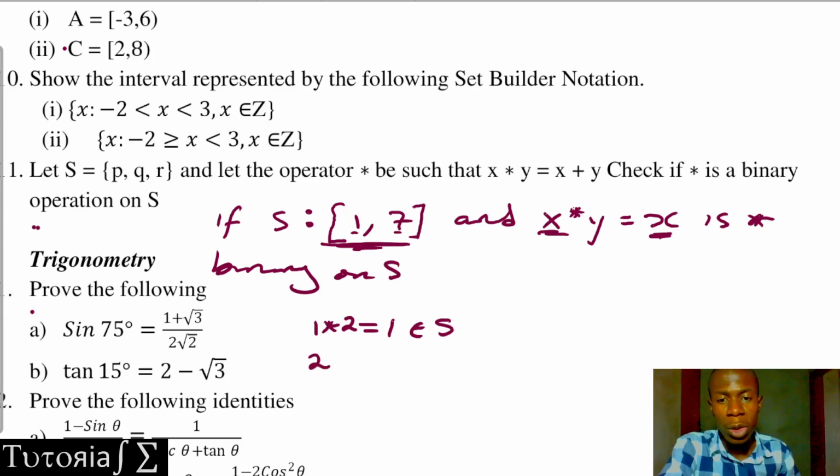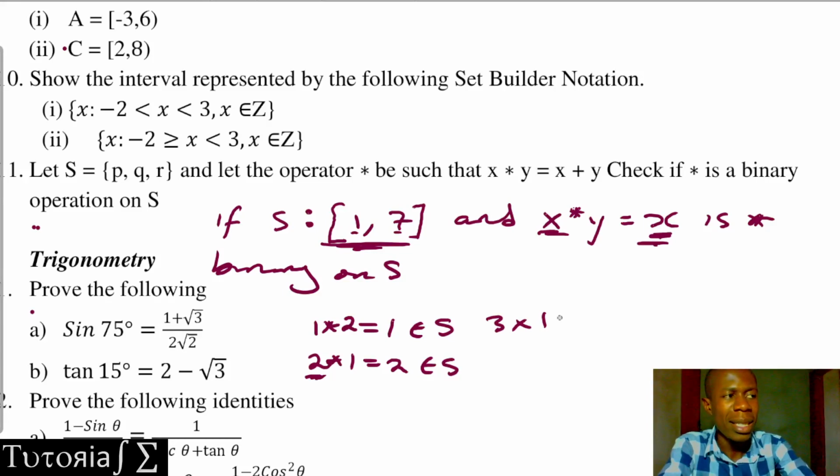So maybe we can try 2 star 1, which is the x part, which is 2. So this will give us 2, which is an element of S. According to this definition of star, we can try maybe 3 star 1, and 3 star 1 will basically be equal to 3, which will also be an element of S.